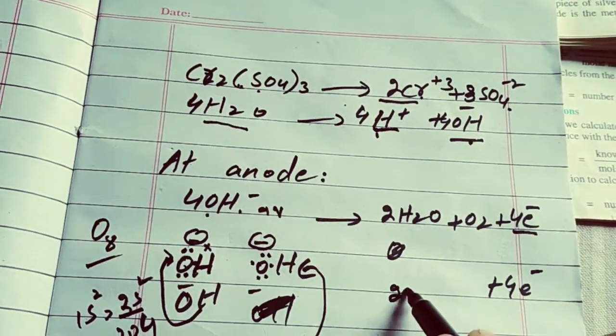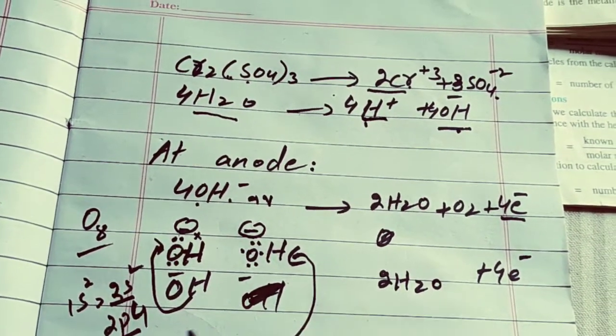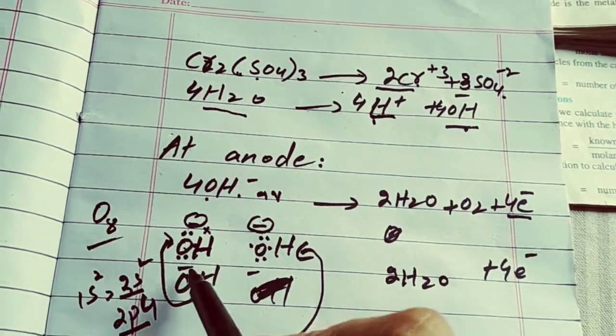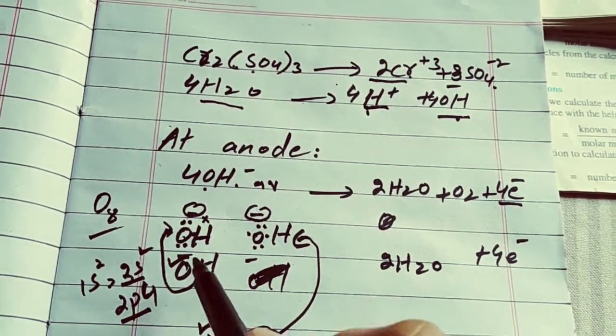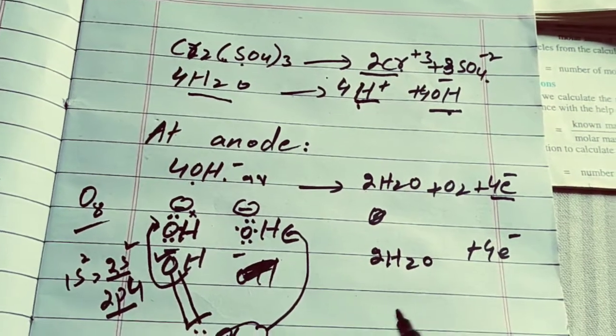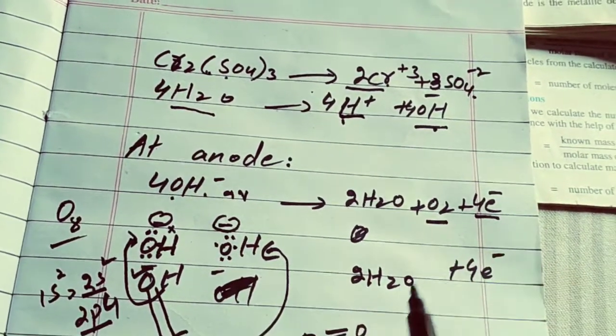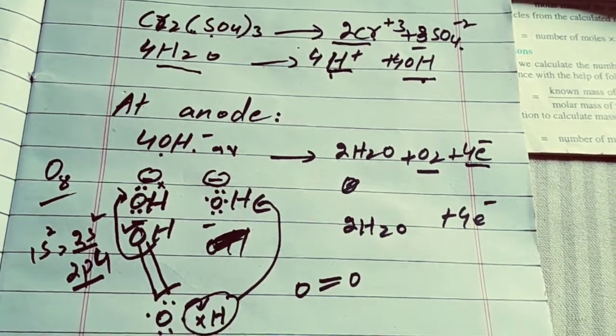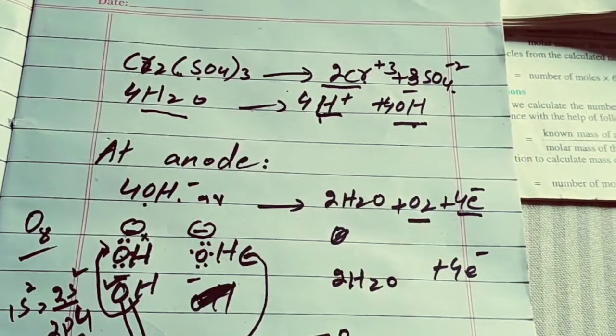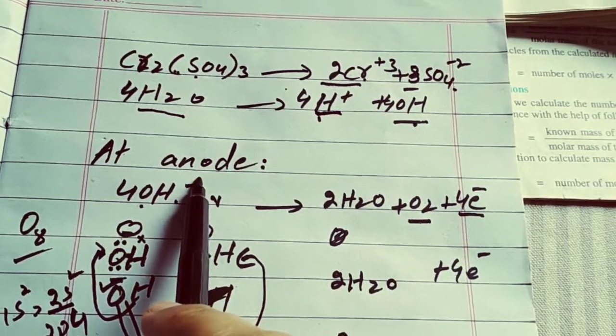So 2 water molecules will be formed, and this oxygen and this oxygen will combine with each other, form a double bond and convert into O2. So this is the overall reaction which takes place at the anode.